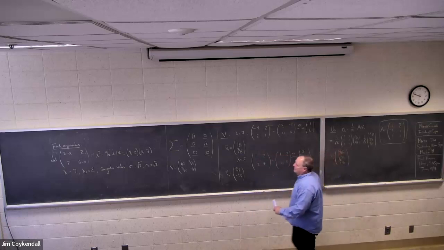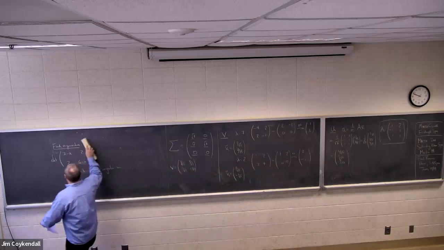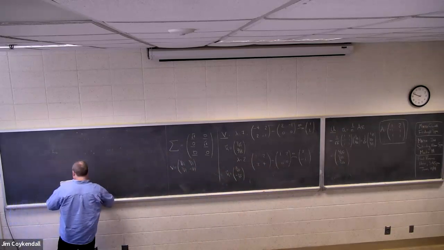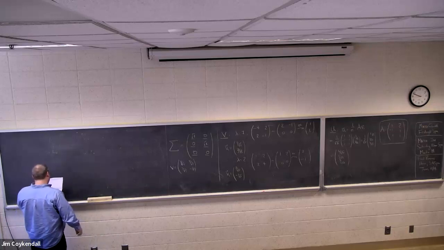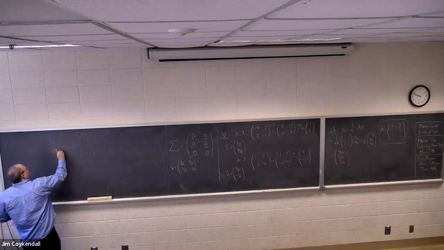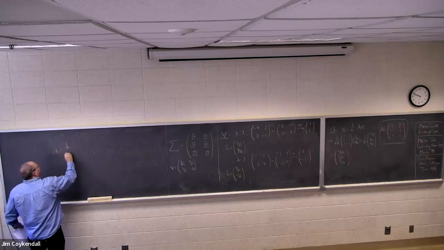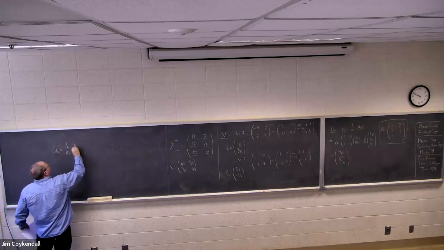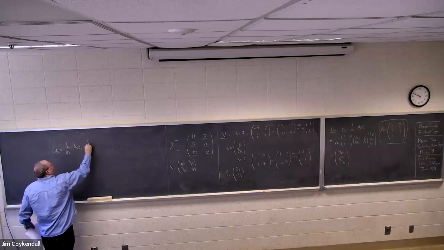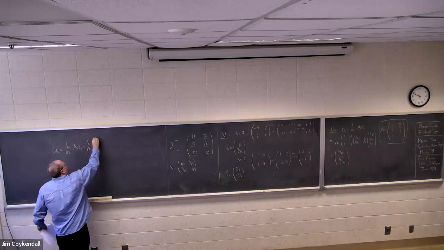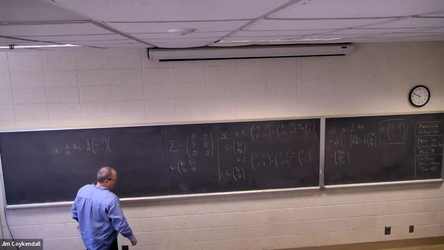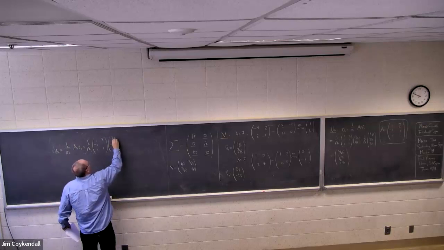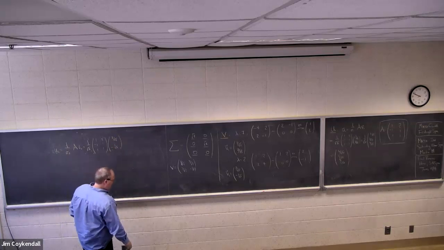How about U2? U2 should be 1 over sigma 2, A V2, which is 1 over radical 2 times the matrix 1, minus 1, 1, 2, 1, 1, times the vector 2 over radical 5, minus 1 over radical 5, my V2.